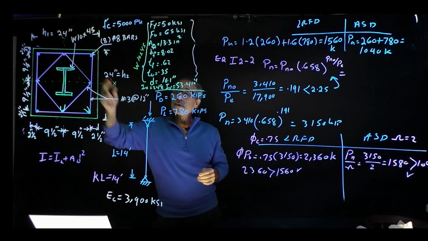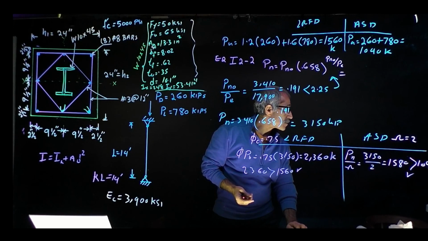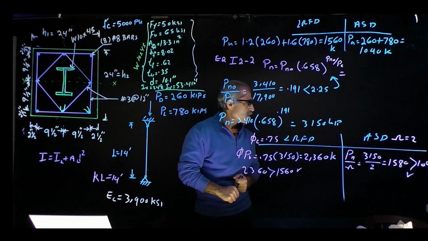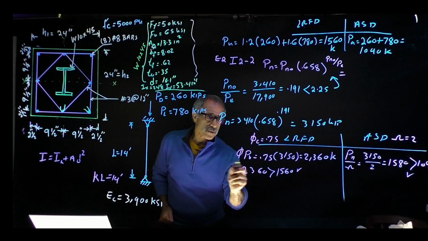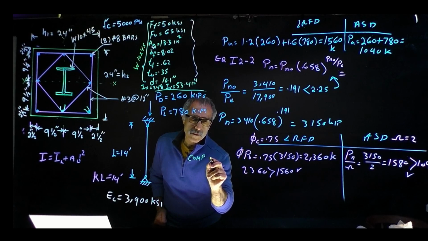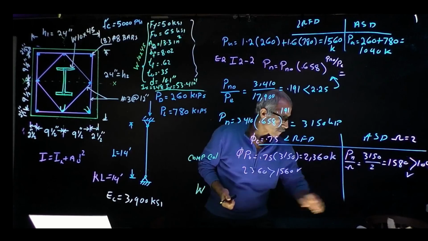Because we know that's a W10x45, all we have to do is go to table 4-1A and find out where W10x45 is. This was for the composite column, and this one is going to be the W shape.